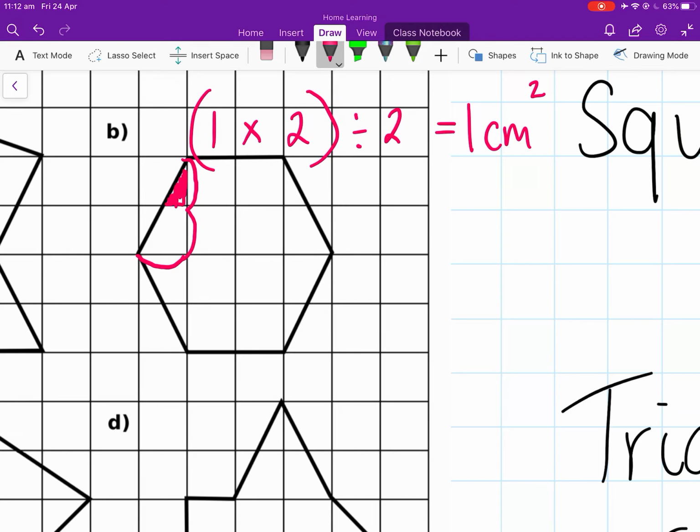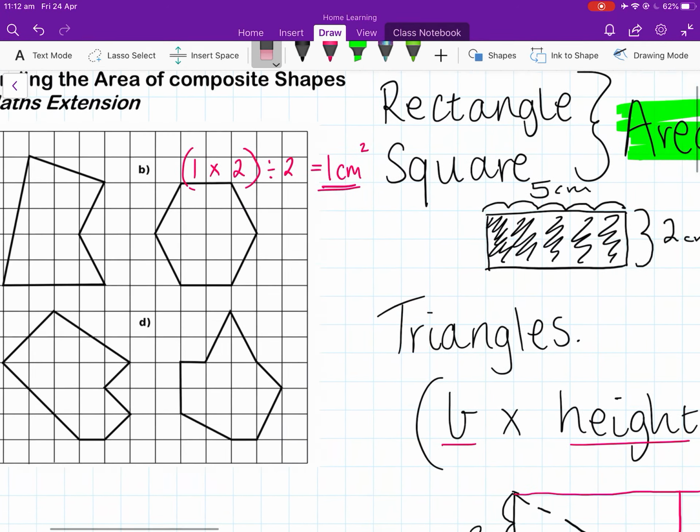If you are looking at this closely, this particular part of the triangle actually fits perfectly in here if it was rotated around. So that means that our triangle is exactly 1 centimeter squared, which is just one of these boxes. That's pretty cool, isn't it? So that's another way that you can look at it and visualize. You can see that square does look like that triangle, it's just 1 centimeter squared, and I can work that out by measuring it or doing the formula.